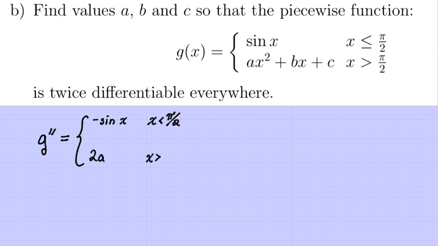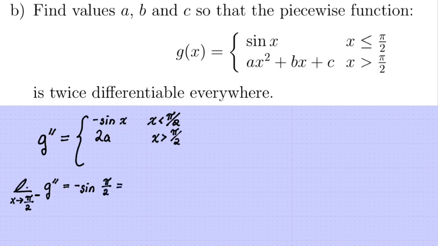But I can only say that it's that when x is greater than pi over 2, because again, I don't know what's going on at pi over 2. It's possible that we're undefined there. But we can say that the limit as x goes to pi over 2 from the left of g double prime of x, that's just going to equal negative sine of pi over 2, so negative 1.